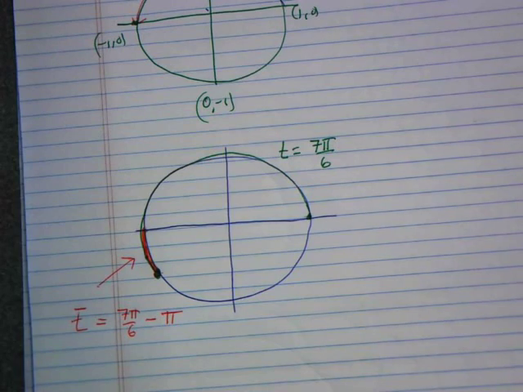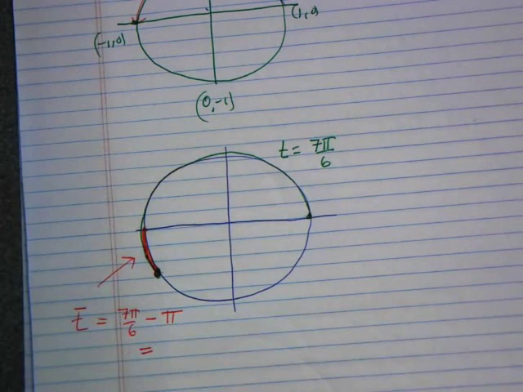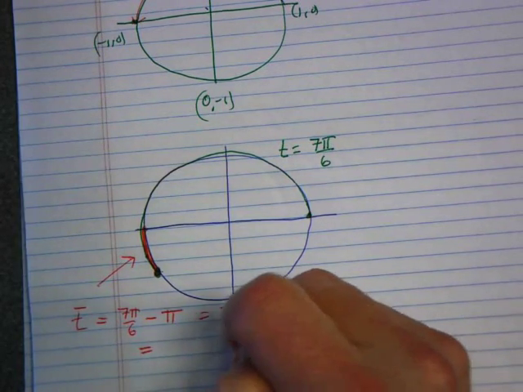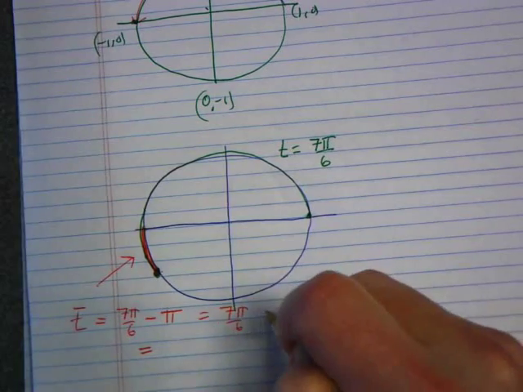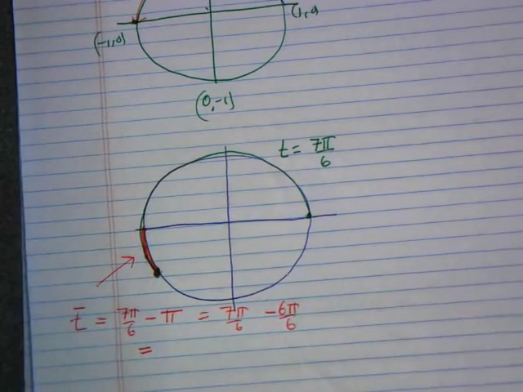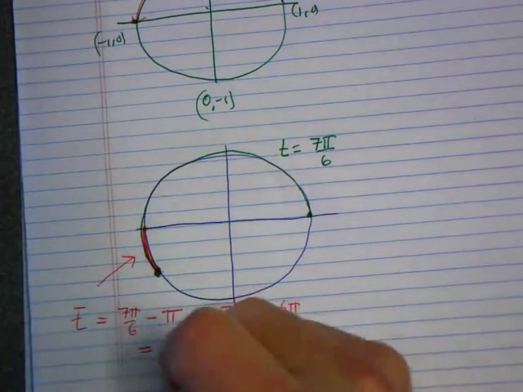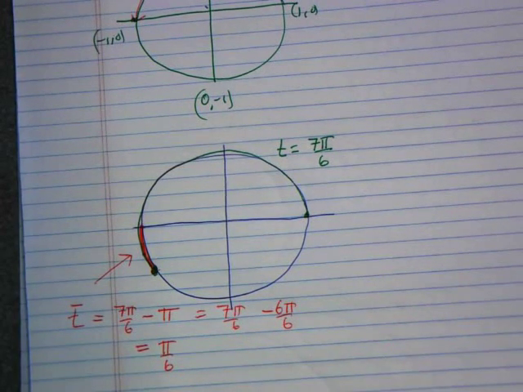What's 7 pi over 6 minus pi? It's just pi over 6, because you can think of this as 7 pi over 6 minus 6 pi over 6. You get your common denominators and you subtract. You have 1 pi over 6. So our reference value is pi over 6.